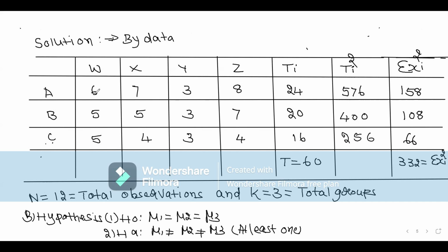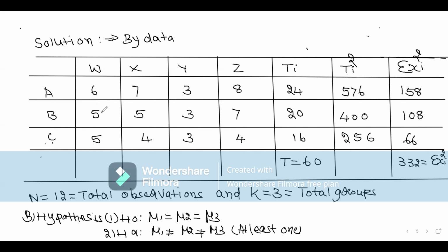That means 6 plus 7 plus 3 plus 8, which is 24, and 24 square is 576. Next, 6 square plus 7 square plus 3 square plus 8 square is 158. Next, 5 plus 5 plus 3 plus 7 is 20, and 20 square is 400.